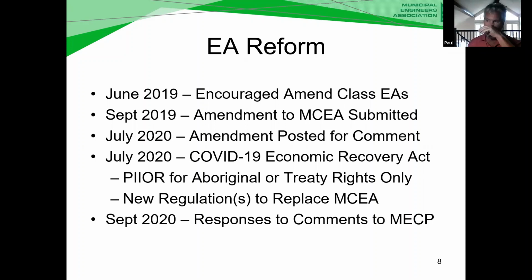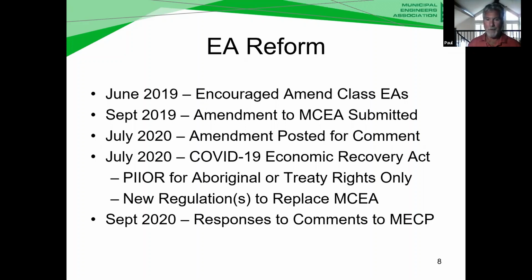And then this act also set up the legislative framework to allow the ministry to introduce new regulations that are to replace the municipal Class EA and all Class EAs. So this all happened in July of 2020.